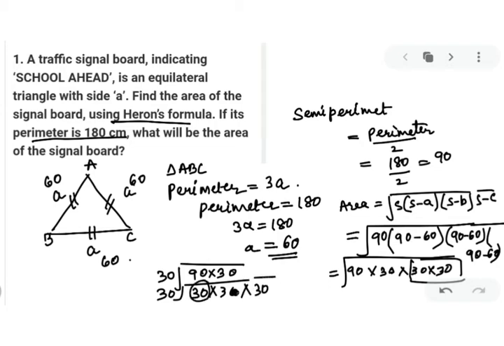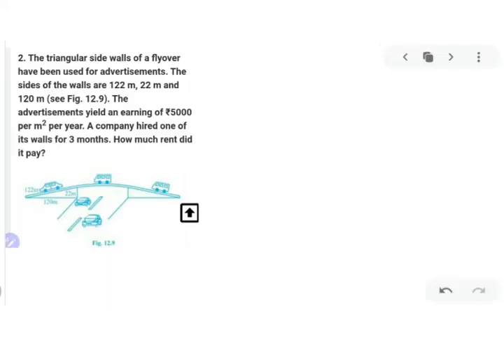Now you can see again your pairing is there of 30, so you can make 30 free. So it will be 30 which was outside already and एक और 30 आपका free हो गया और अंदर आपका रहता है under root 3. So your final answer here I will write it. It is 900 root 3. Got the point clear? Let's take our next problem.